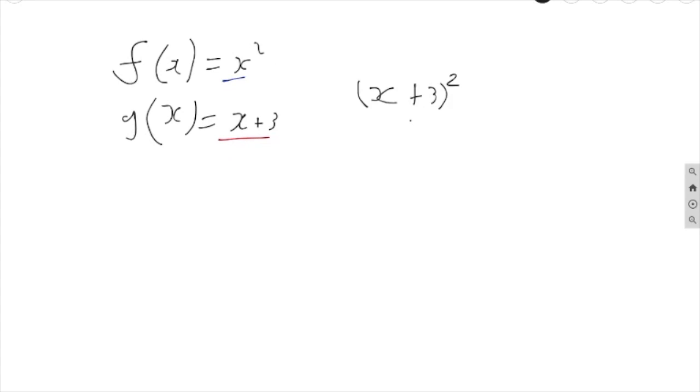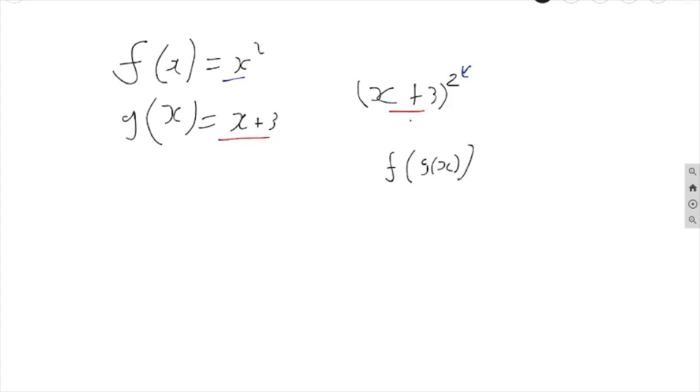This is exactly g of x being applied by f of x in this example. So here we have f applying on g of x. Okay? So this is an application of the chain rule.